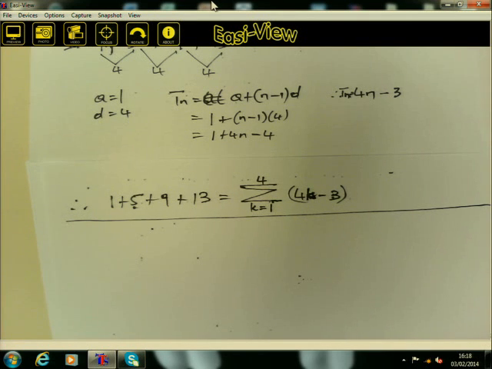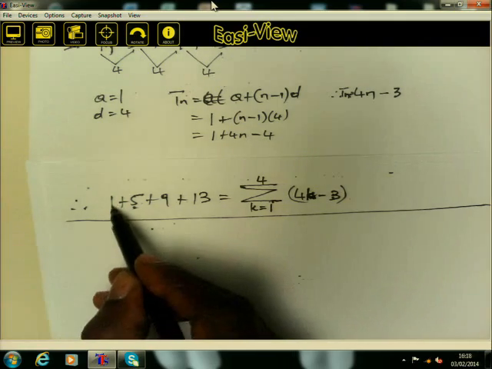Next time when we meet, we're just going to finish up and look at the sum up to n terms of an arithmetic series, whereby the first term is a, the second term is a plus d, the third term is a plus 2d, and then we are going to take it from that one.